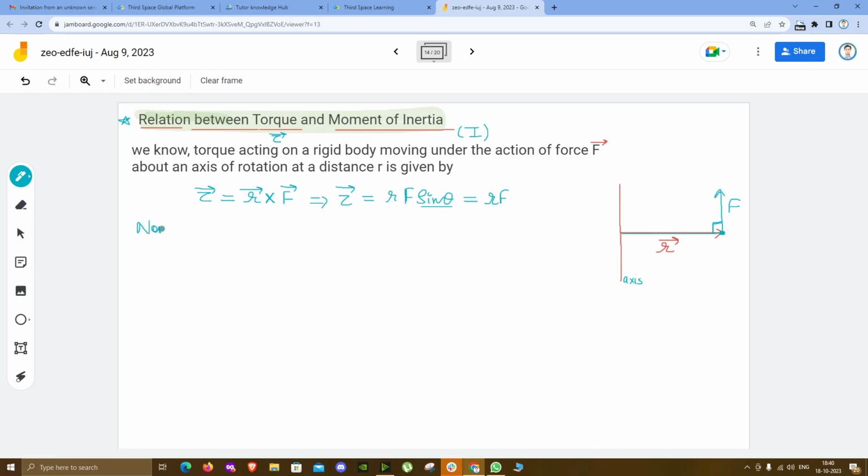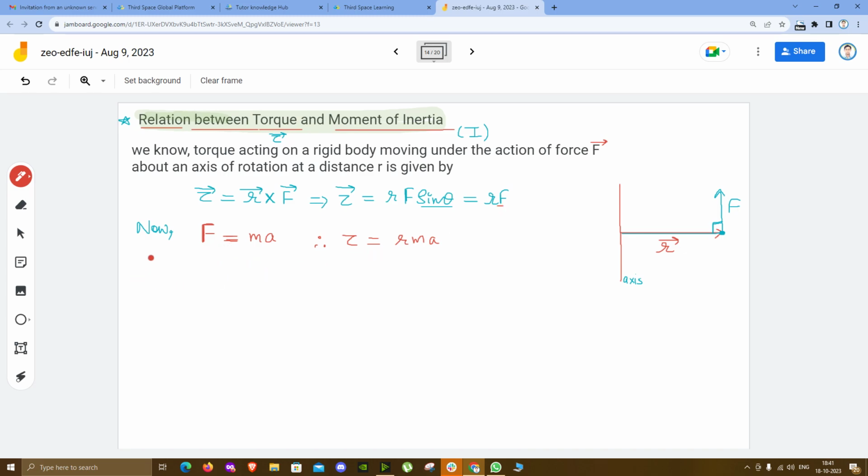Now we also know that in linear motion, force is the product of mass and acceleration, so F equals ma. This implies tau will become r m a. We have put the value of F here.